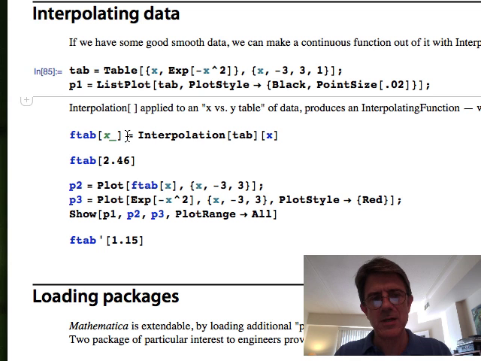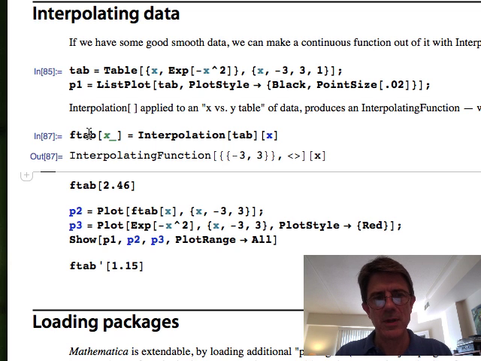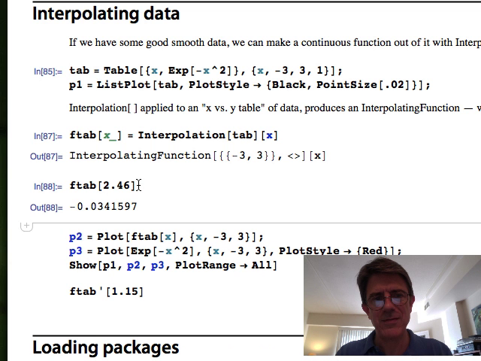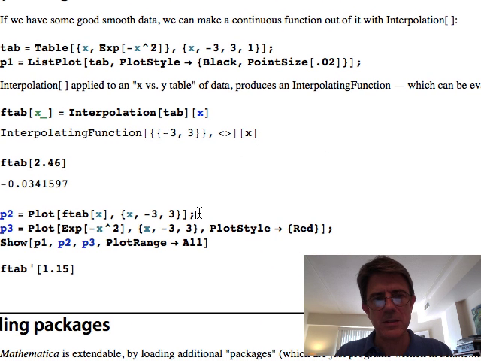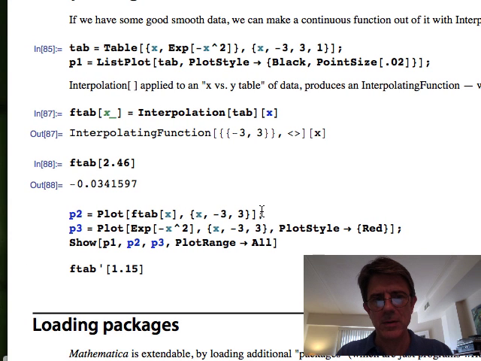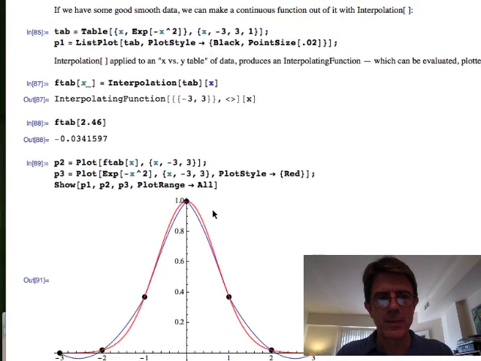That is then assigned to be the definition of some function, in this case f tab. And now f tab is a function that I can evaluate and do various things with, and in fact I can plot it. And so here I'm going to compare the interpolated function against the real function that was used to generate those points and the points themselves.